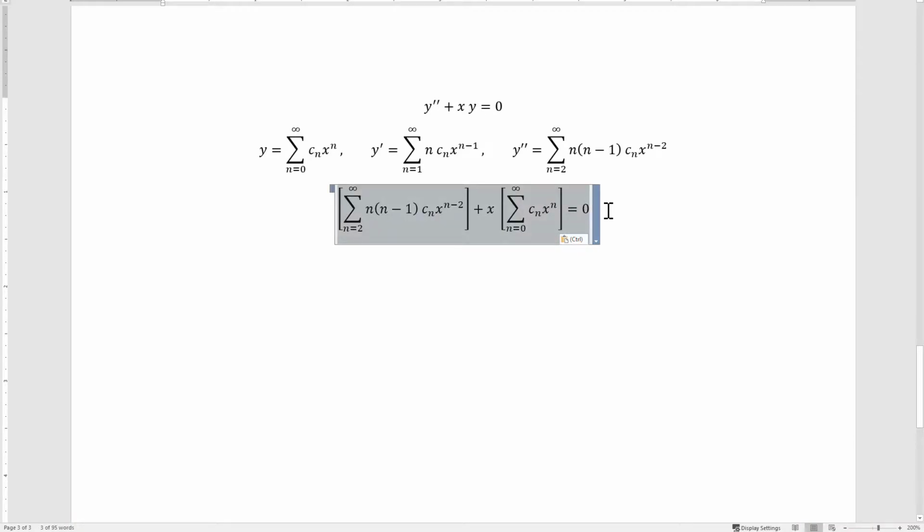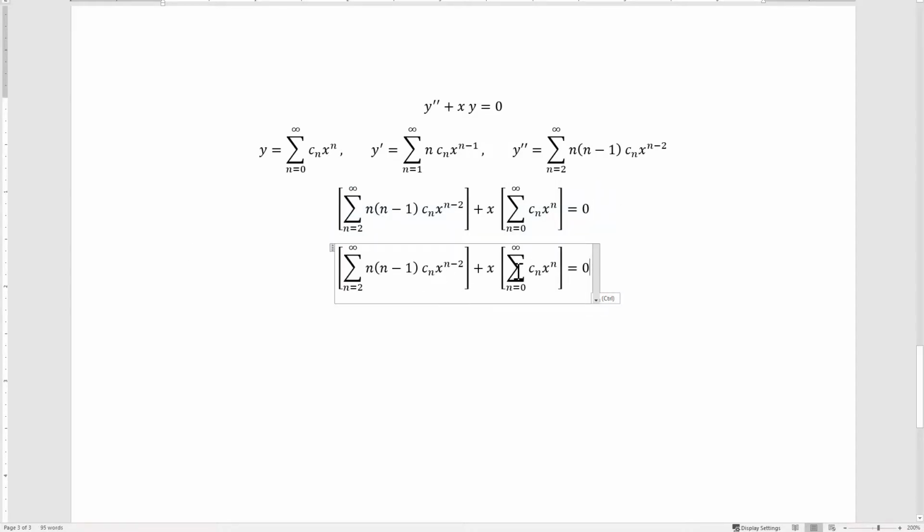Now we have a couple of things to take care of. One of them is this x can go inside, and then this increases the power by 1. And then now we want to try to match up the powers of x. So we have x to the n plus 1 here, and we have an x to the n minus 2. So we're going to need to do a couple of things.